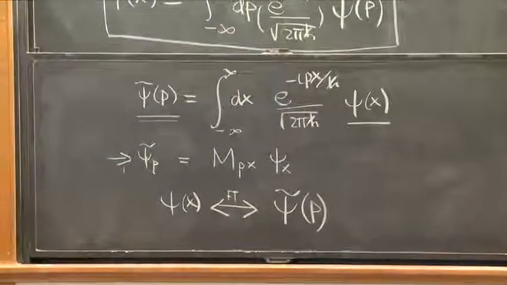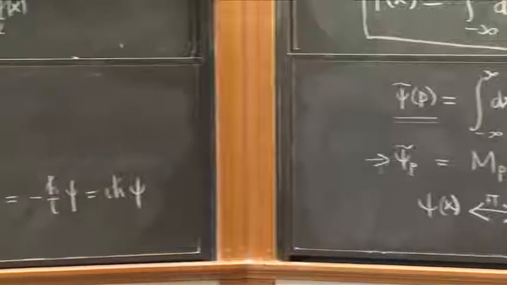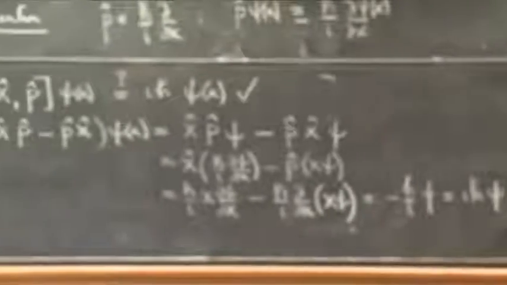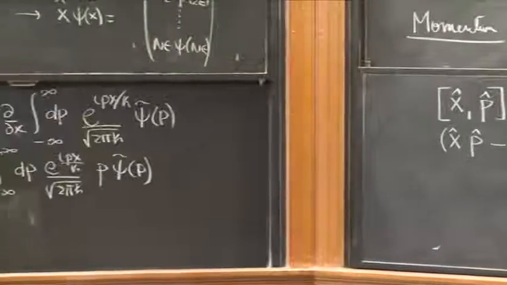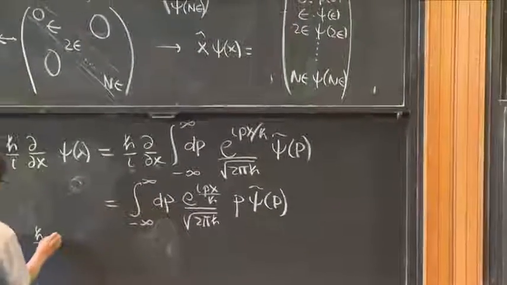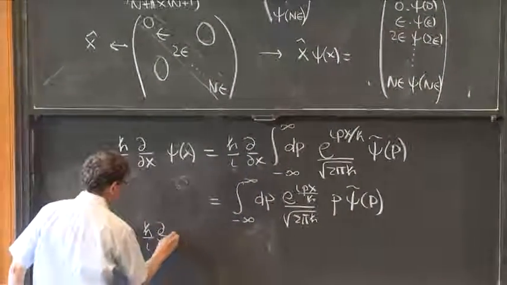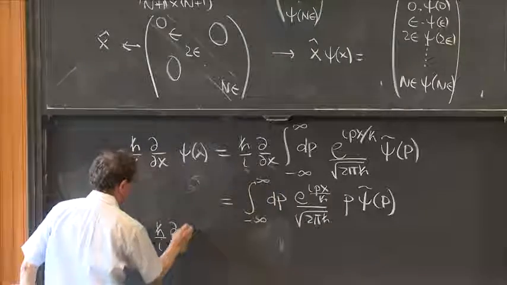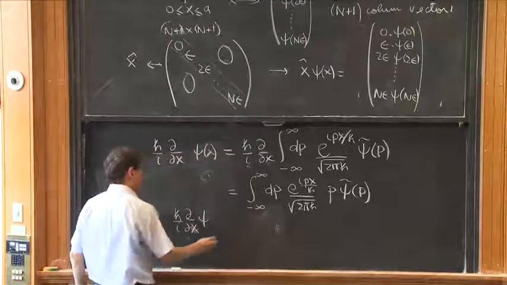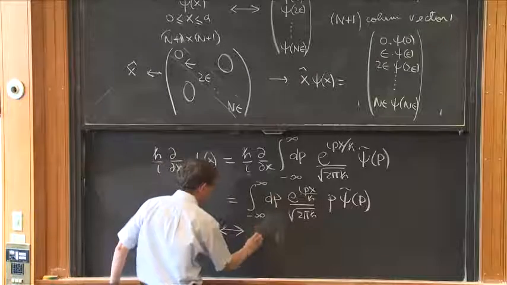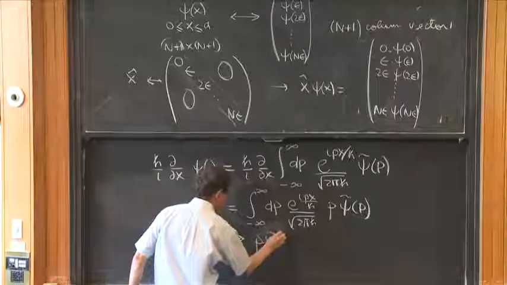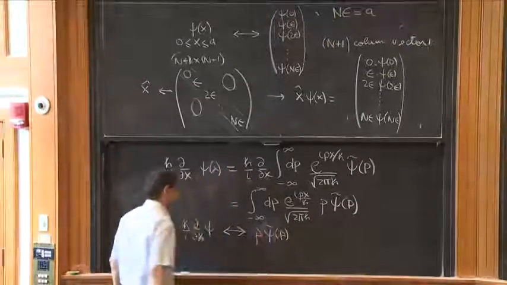So what we've learned is that h bar over i d/dx of psi is represented in momentum space by p psi tilde of p.